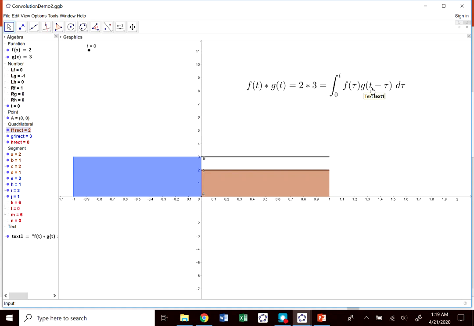In the event we have g of 0.1 minus tau, g of negative tau minus 0.1. So g of tau minus 0.1 would be this g graph moved to the right by this thing, and then you flip it over, and so that's what causes this to move to the right. I didn't explain that well.